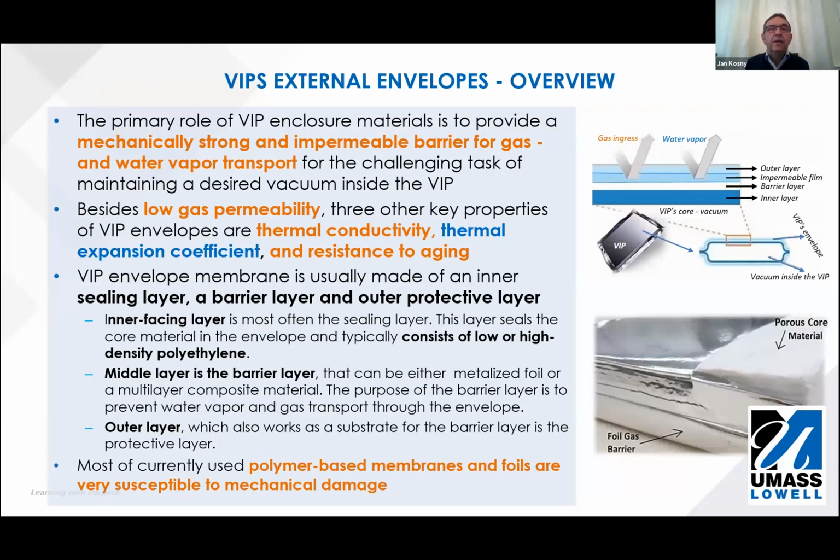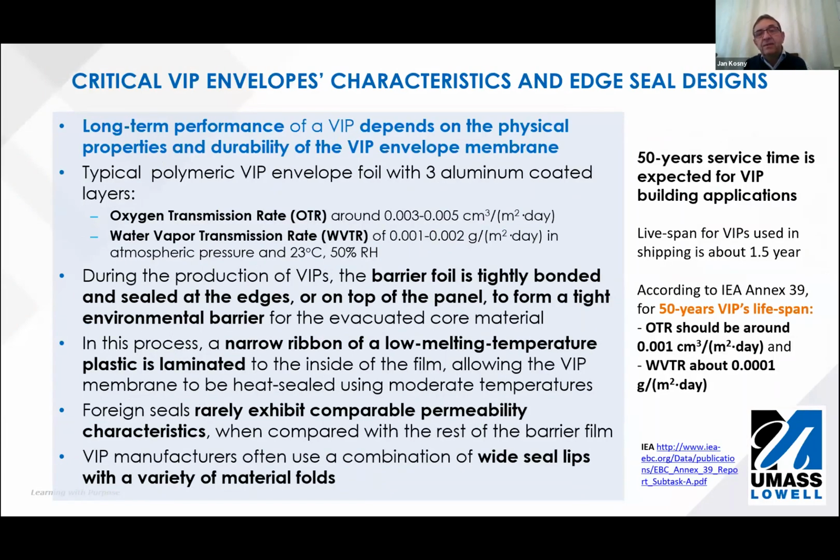Talking about external envelopes, I must say that the major function of the external envelope is mechanical protection of the core material. The second major function is protection from the ingress of gases inside of the panel. There are several applications of VIPs in different industries, and each application comes with a different lifespan.